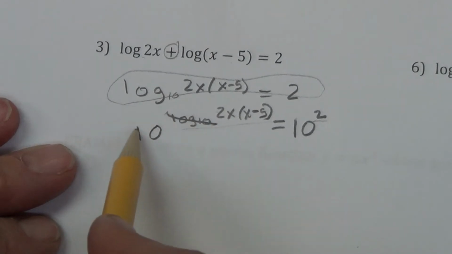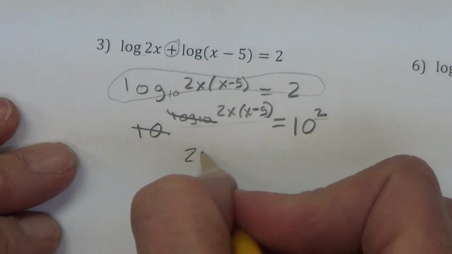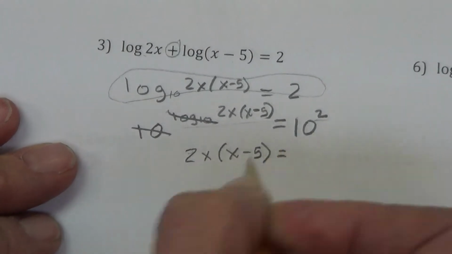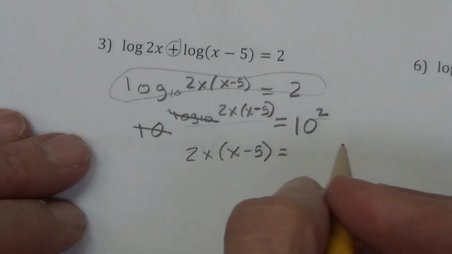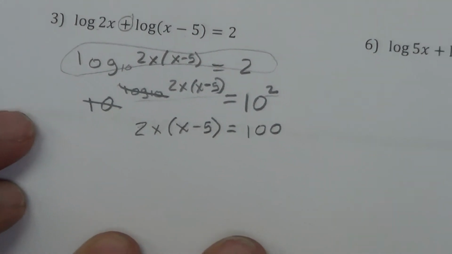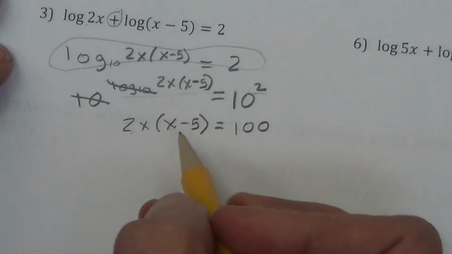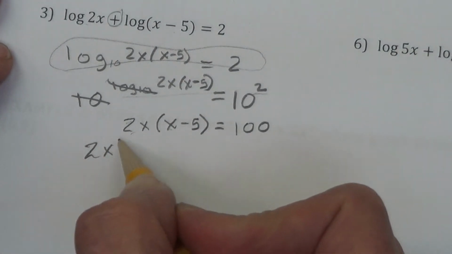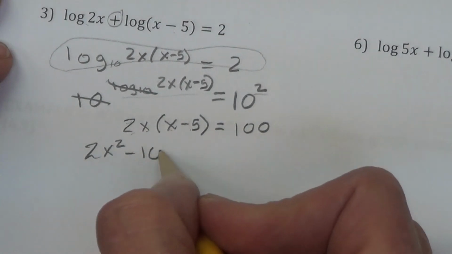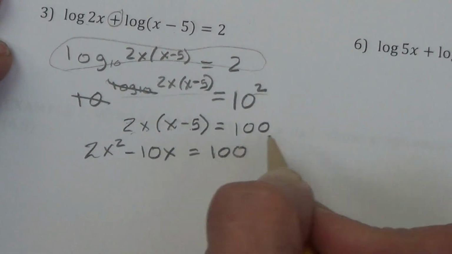So we've taken this equation and we've put it all into the exponents. Now this log 10 and that 10 canceled, that's why we did that move. And now we have 2x, x minus 5, and we see that it's equal to 100, because 10 squared is 100. Well, now we need to multiply this out. 2x times x would be 2x squared. 2x times negative 5 is negative 10x equals 100.